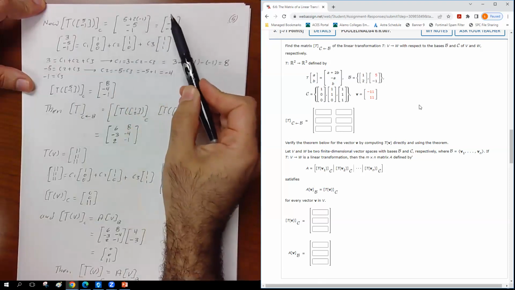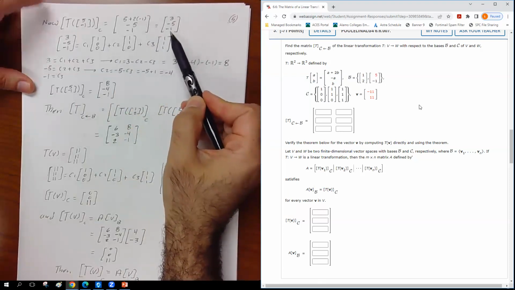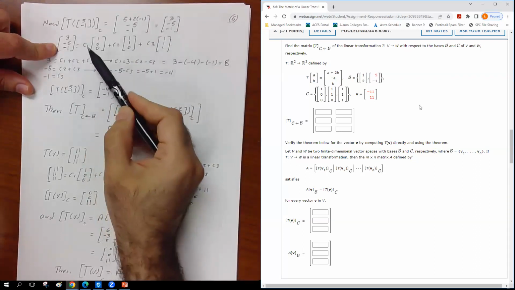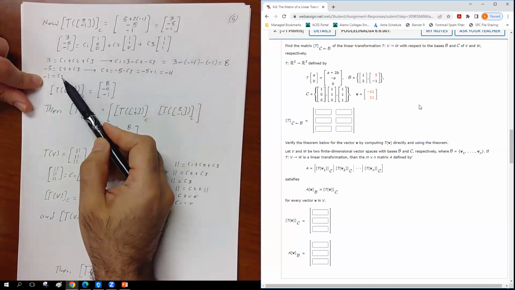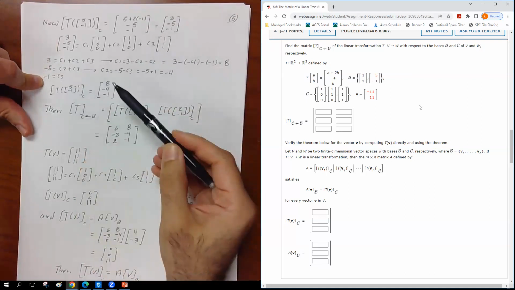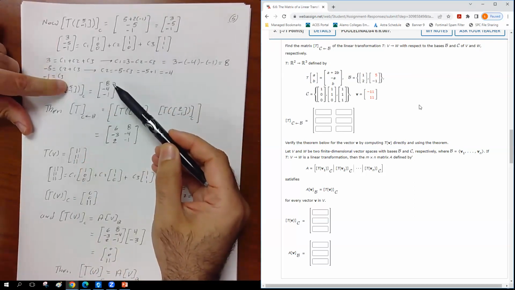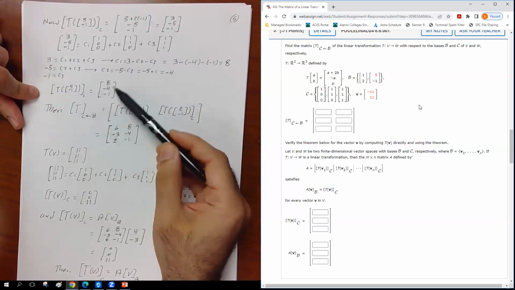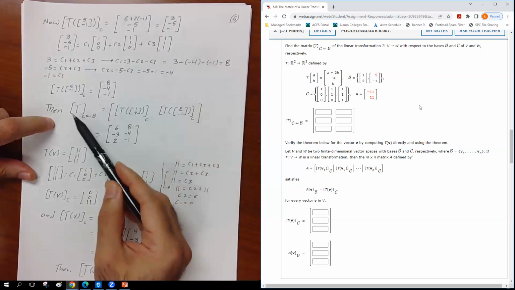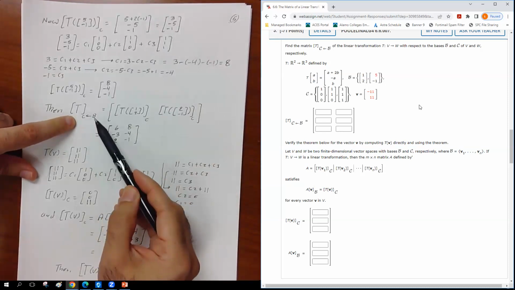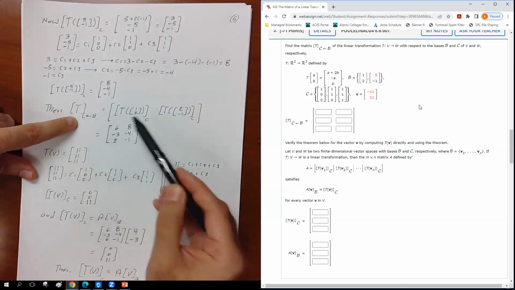So it's going to be (3, -5, -1). Now I'm going to write down the result as a linear combination from the base C. So we're going to get the system. By solving the system, we're going to get the transformation of (5, -1) with respect to the base C: (8, -4, -1).